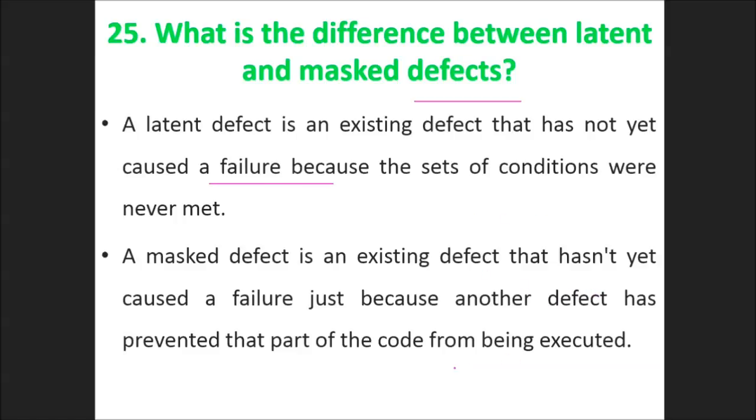Means if there is an error here and the program fails here, then the code after it will not run. So this particular bug or defect which has not even been executed is termed a masked defect.